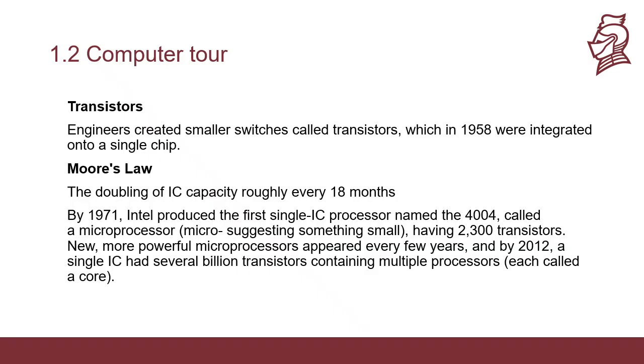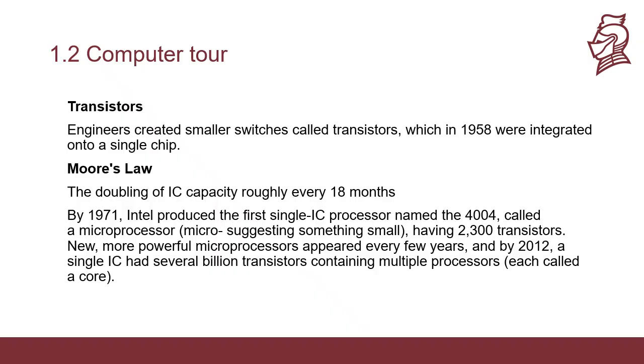And then in about 1958, the first transistors were put onto a single chip. They were integrated onto the chip, so you didn't have to have wires connecting the transistors, and that made things really small. So Moore came along.